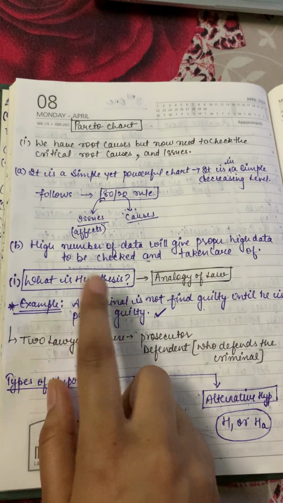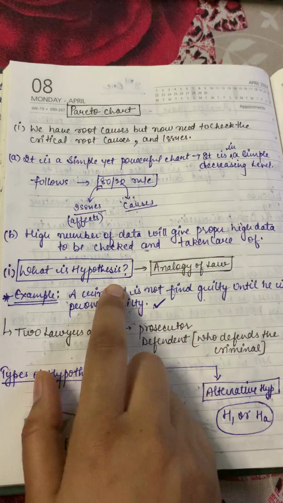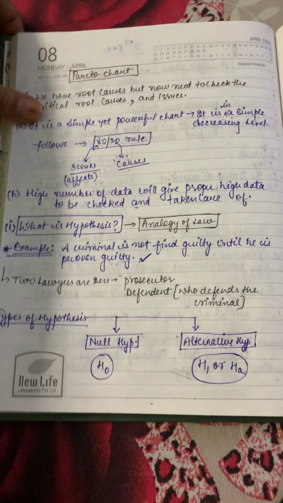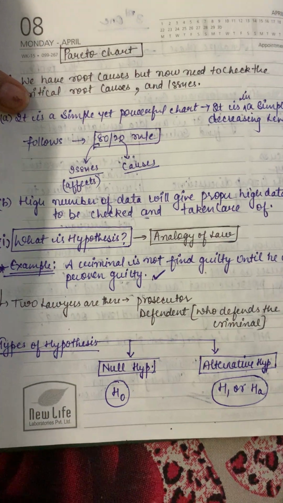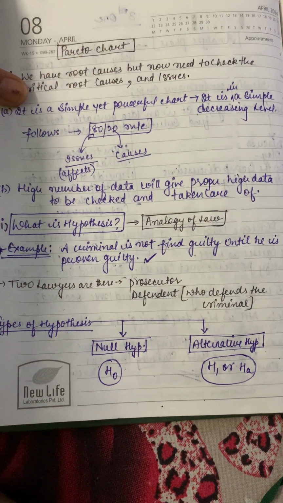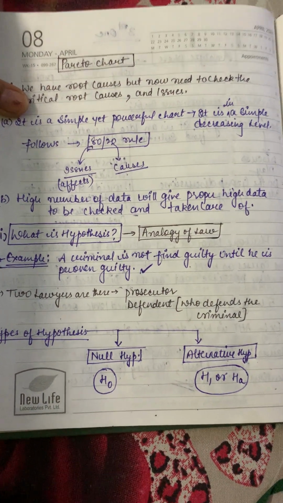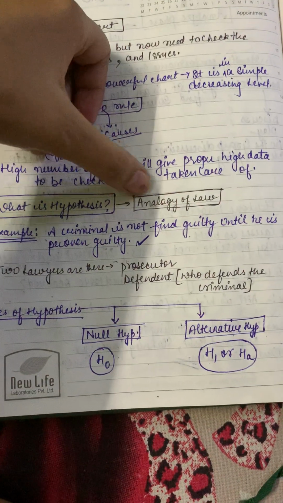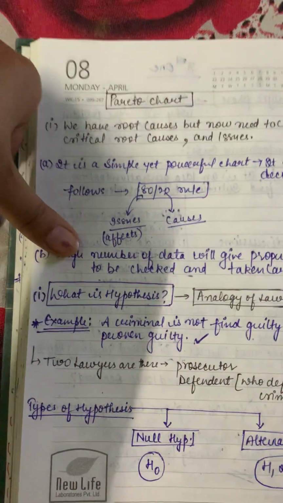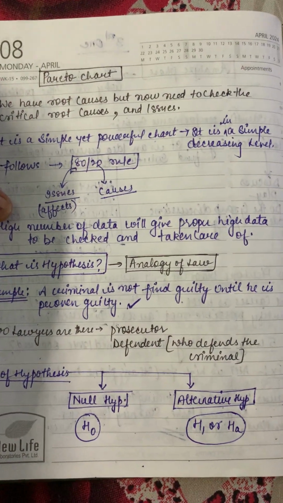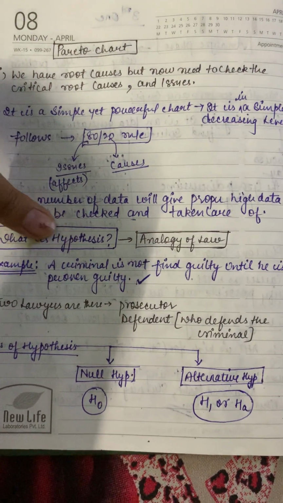Another concept here is the hypothesis. I am sure that hypothesis must be a very new concept to you all, so I want to discuss it with very basic terminology. It actually includes the analogy of law, and it can be used in any domain. It is not only used in this Lean Six Sigma certification or training, but everywhere.